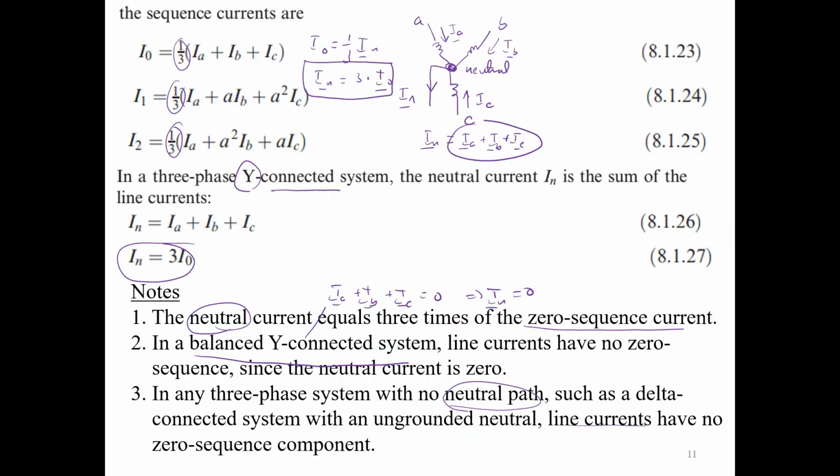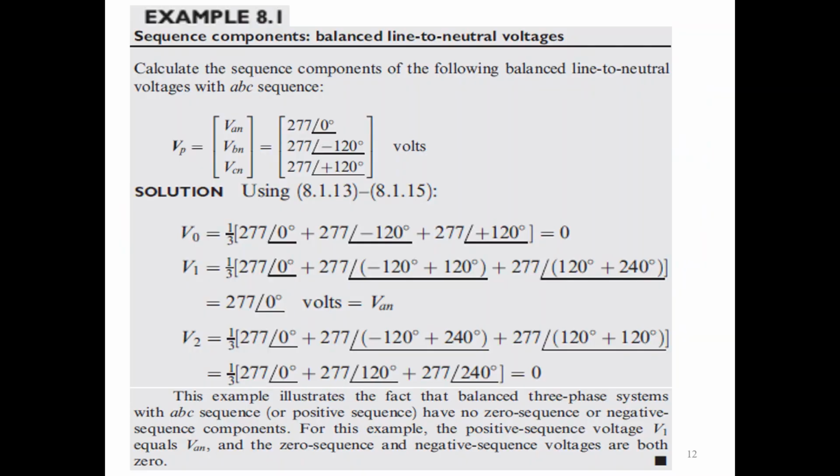Let us see how we can apply the sequence component. For this example, you have VA, VB, VC, VAN, VBN, and VCN. All these three have the same magnitude, and the angle separation is 120 degrees.